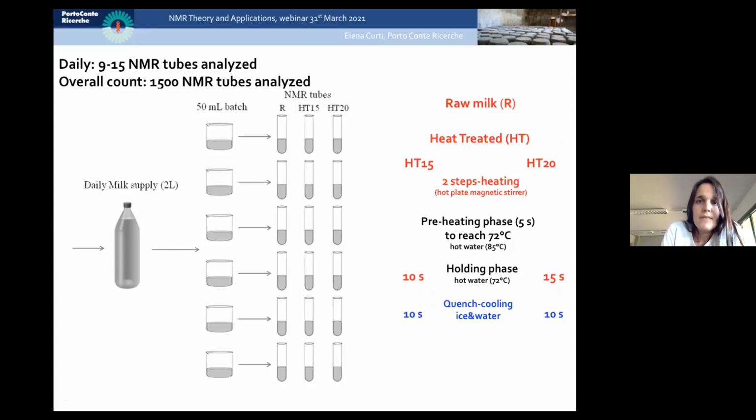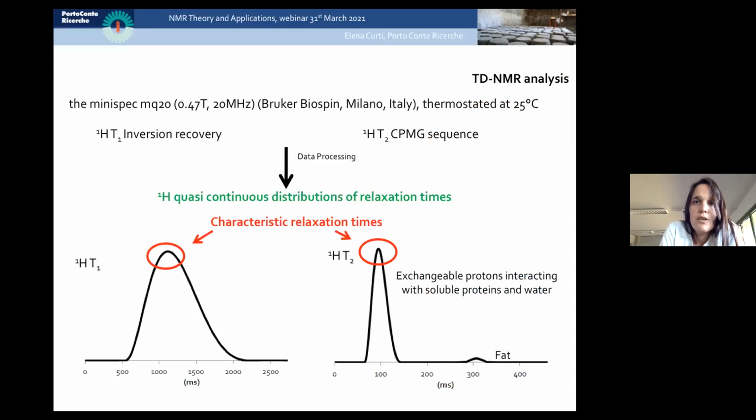All the samples were analyzed with the low field TD-NMR from Bruker that operates at 20 megahertz, and the analysis was carried out at 25 degrees Celsius.